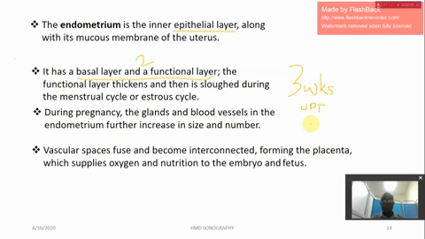The vascular spaces fuse and become interconnected, forming the placenta, which supplies oxygen and nutrition to the embryo and fetus. You can see the high vascularity in the myometrium filling the thickened endometrium, which is indicative of early pregnancy. That's what you need to know as a sonographer.